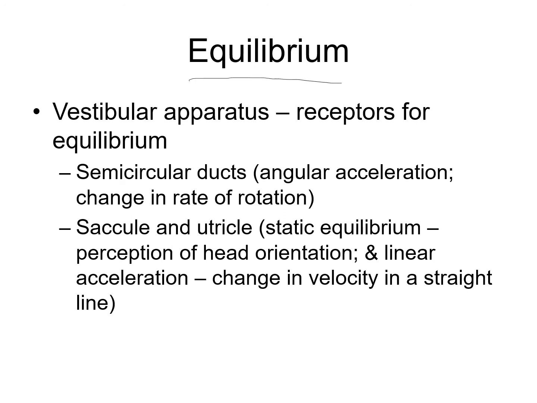And then we have the saccule and utricle, which are used for static equilibrium, perception of head orientation, and linear acceleration, as in, for example, when we're just moving forward in a car. So those will be able to sense a change in velocity in a straight line.